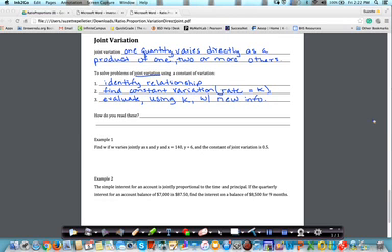And so how do you read these? These are read a little funky, right? So if it says y equals kxz, here's how you read it. It says y varies jointly, or sometimes it just says y varies as x and z. Okay, x and z. So I want you to think about this.